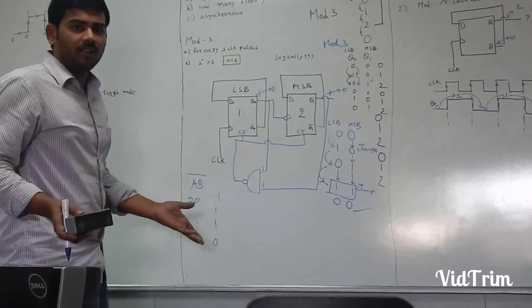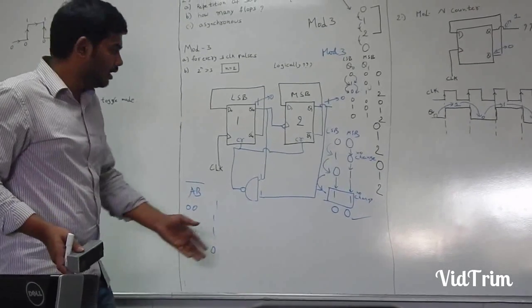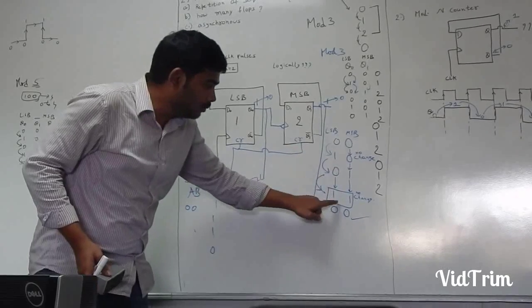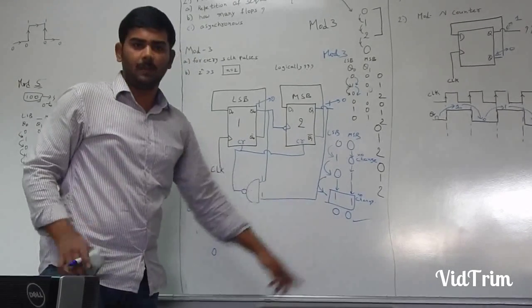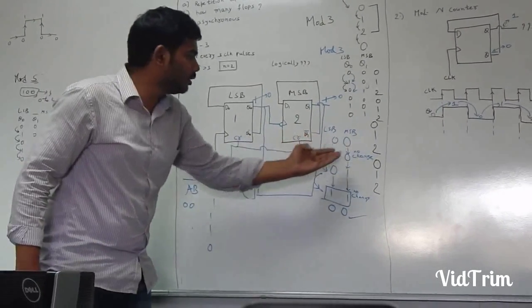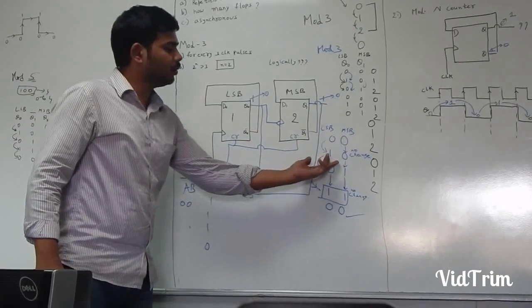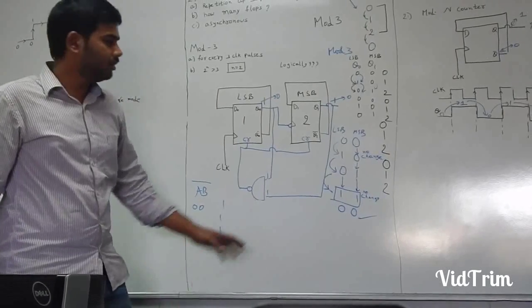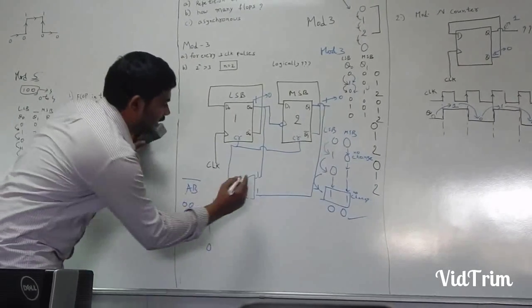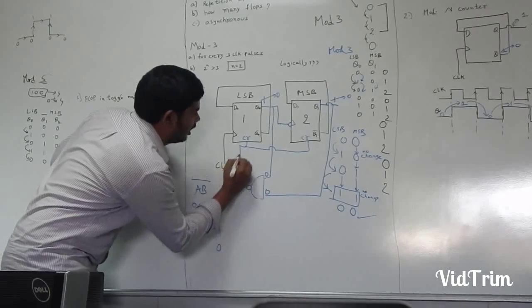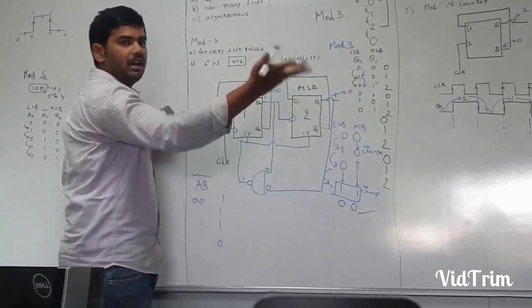To my surprise, what is happening? For 0 0, it should go to the next state, and only at 1 1 should it be cleared. But at 0 0 itself, it is sent here and again cleared, and the next state would be 0 0 only. Because if I send 0 0 to the NAND gate, the output is 1 and they are cleared again, so they are not running to the next state.